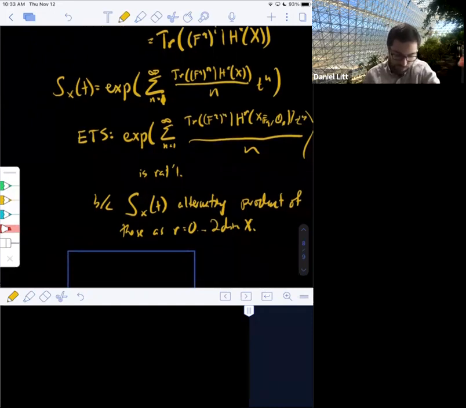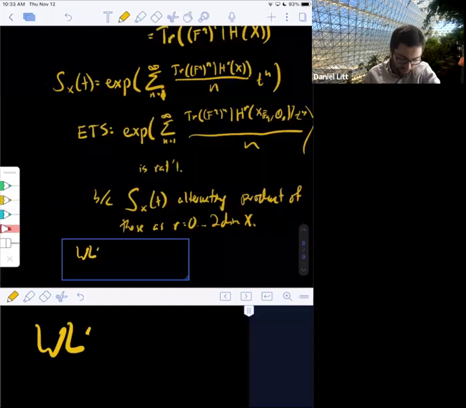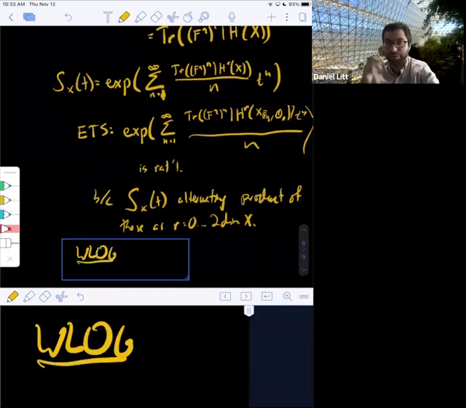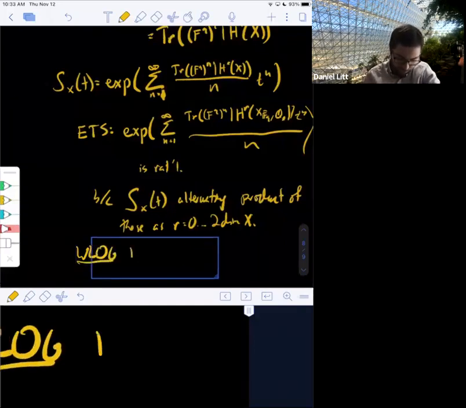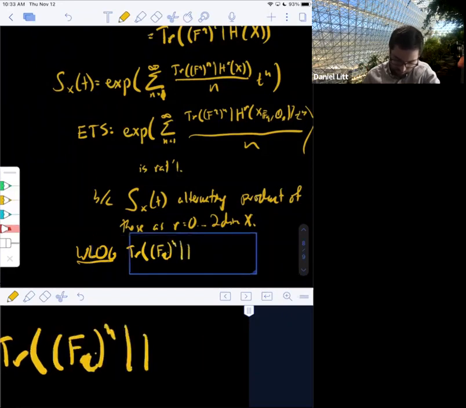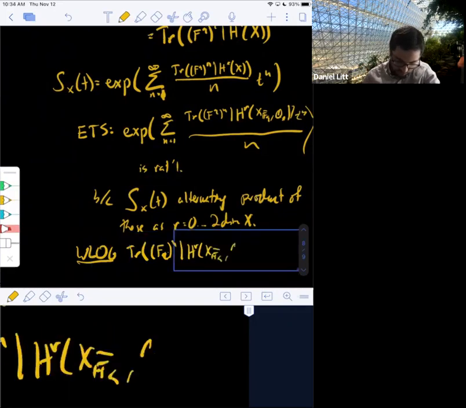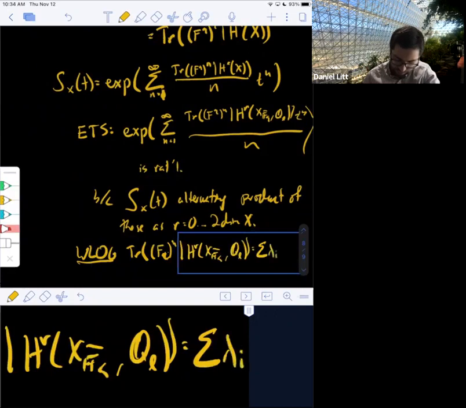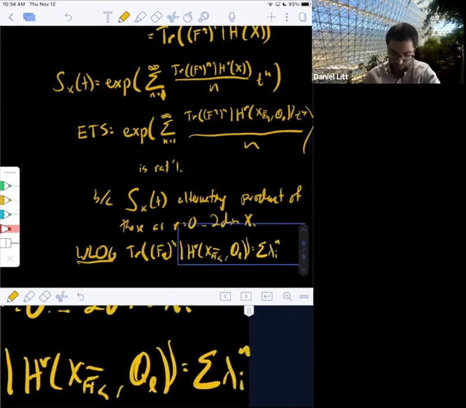So maybe without loss of generality, just by tensoring all these vector spaces with a bigger field, we can write the trace of F_q to the n on H^r of X over F_q bar, Q_l as some sum of some eigenvalues lambda_i to the n.